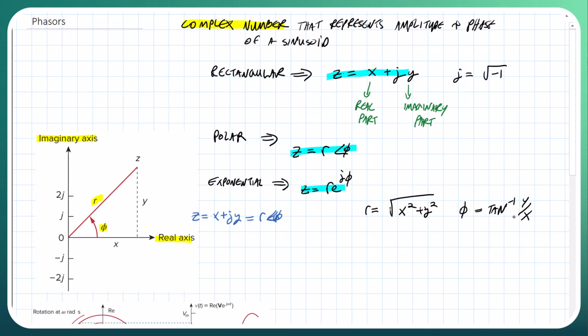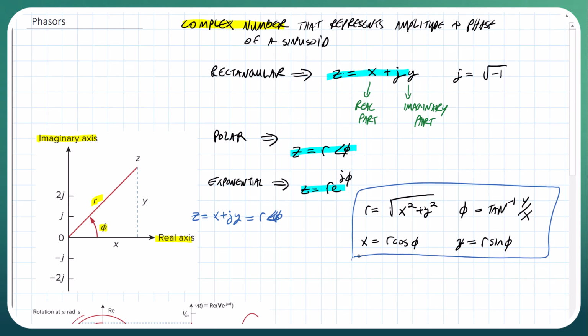If we know r and phi, we can obtain x and y, so we can go between the two different coordinate systems. We know x is equal to r cosine phi, and y equals r sine phi. We can keep these as additional definitions here.